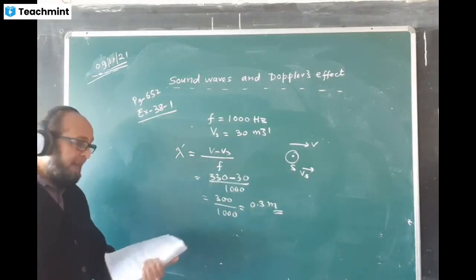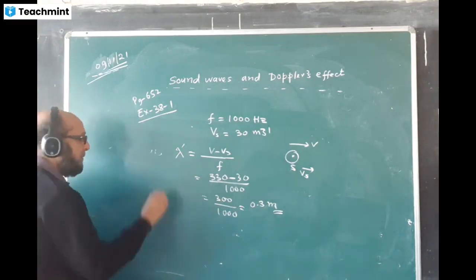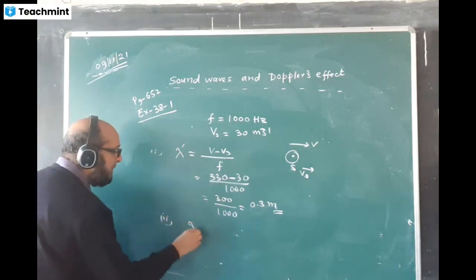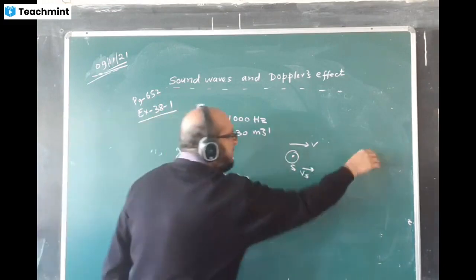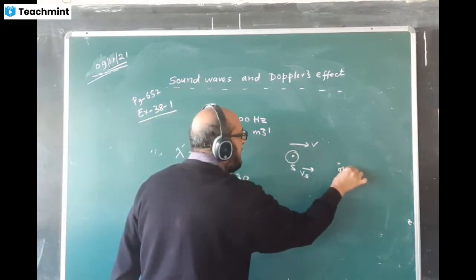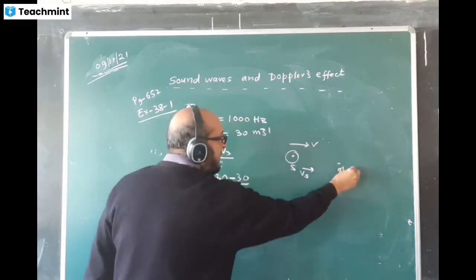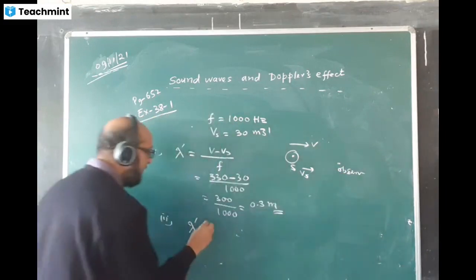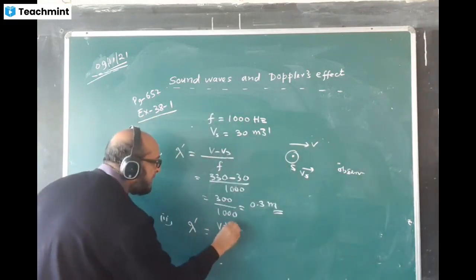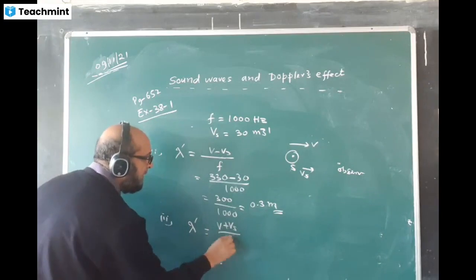Second case, for behind. This is the first case. Case 2, lambda dash. That means the source is passing over the observer here, and the observer is behind. The formula will change and become V plus Vs by f.